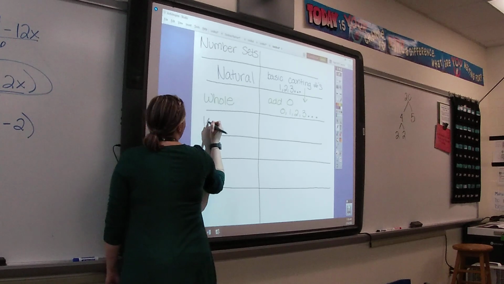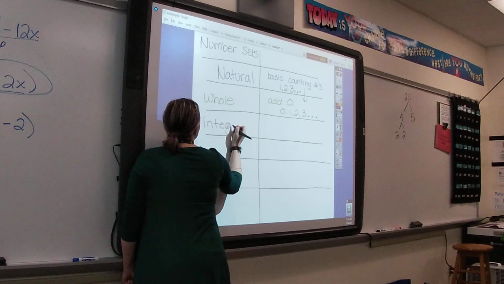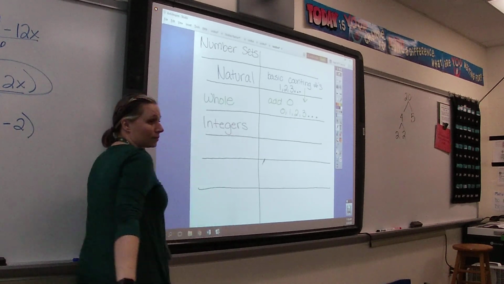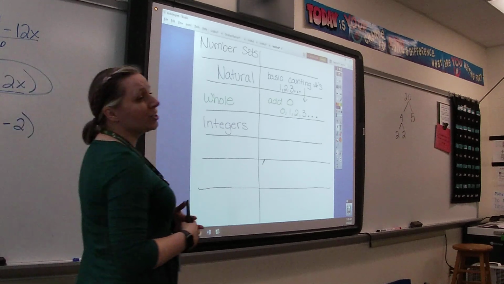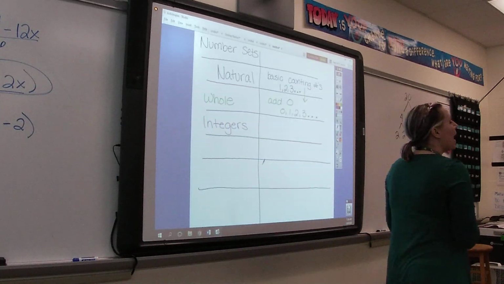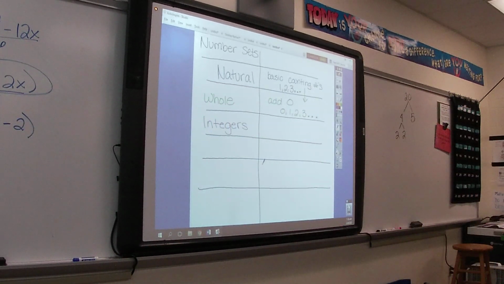Our next ones are then integers. Now we're going to take all of the numbers we had before, and your teacher's going to say, what happens if you have 1 pizza and you want to share it with 4 friends?